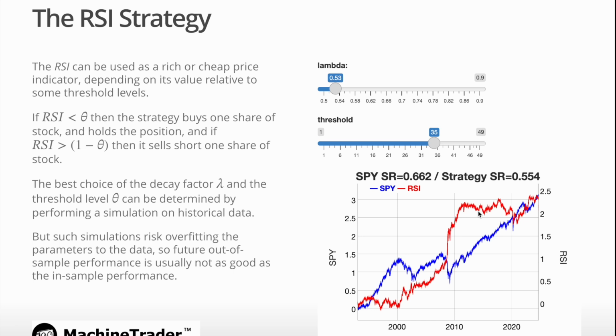It carries the risk of so-called overfitting of the parameters, so that the performance may be good in sample, as illustrated here in the right panel, but the performance of the strategy is usually not very good out of sample. So that's it in terms of illustrating popular technical indicators in quantitative strategies.